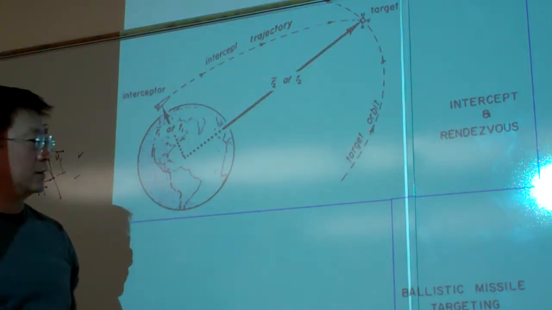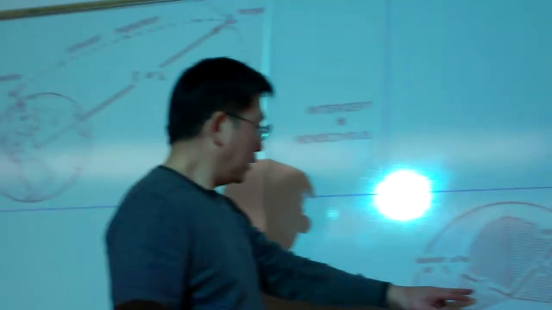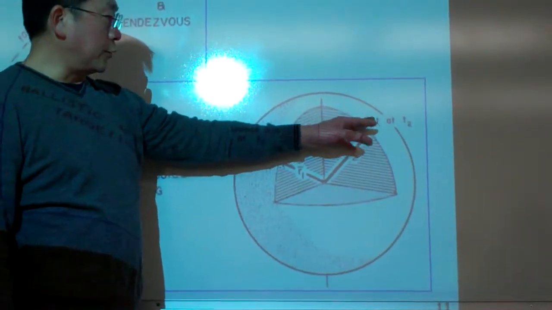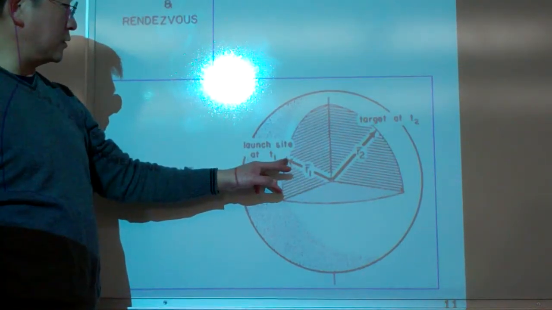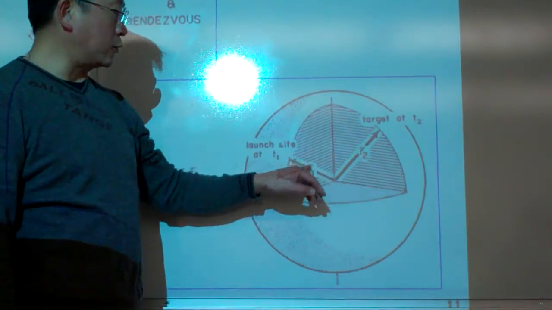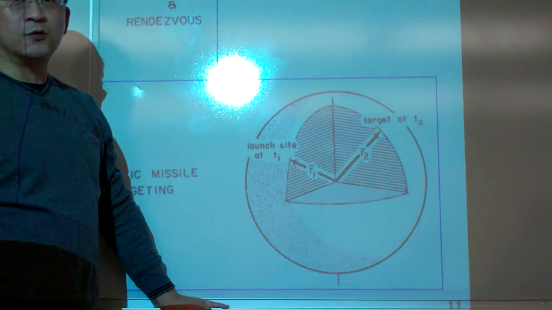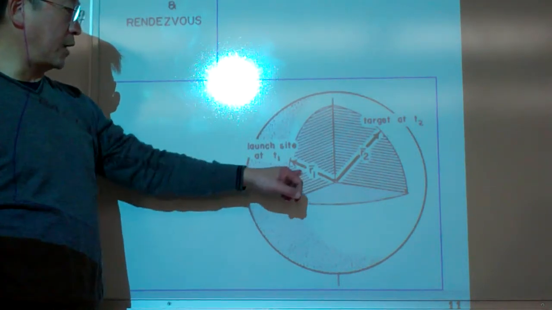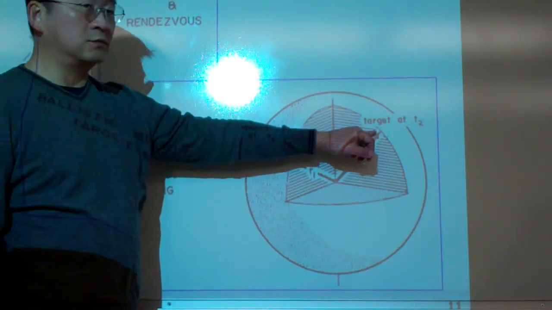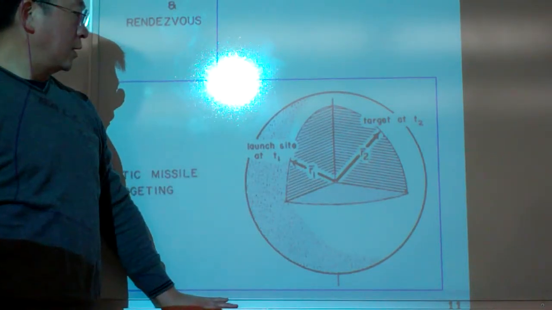And the second one is this. This is from the Earth's surface. Here we know R1 and we know R2, which are basically the radius of the city, but with different locations.